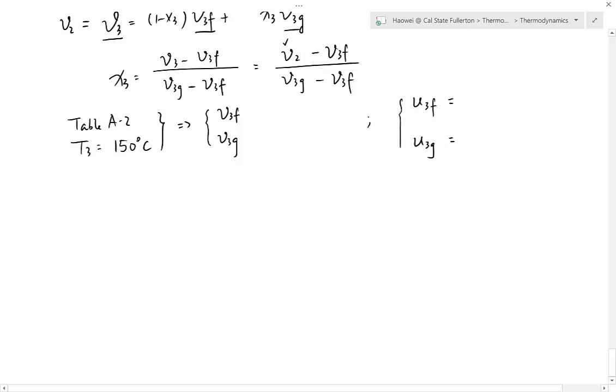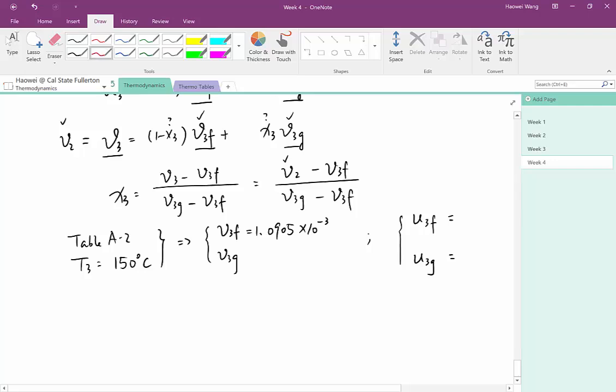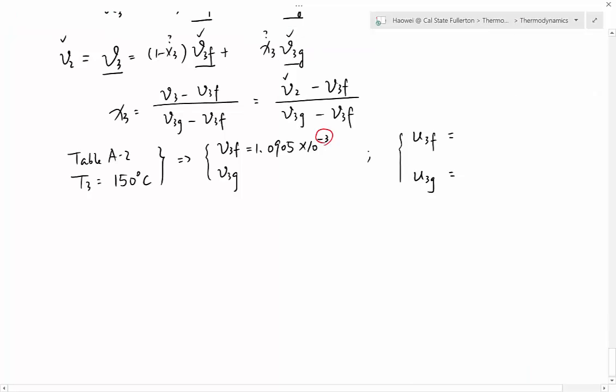Okay, so now we copy down those four numbers in our notes. Nu 3F is equal to 1.0905 times 10 to negative 3. Don't forget that. Let me highlight this negative sign. And do not forget the unit, cubic meter per kilogram. Nu 3G from the table is 0.3928 cubic meter per kilogram.